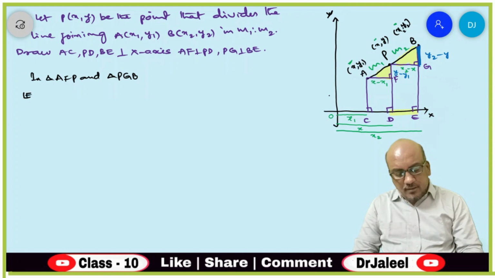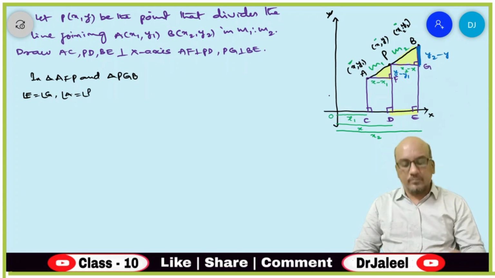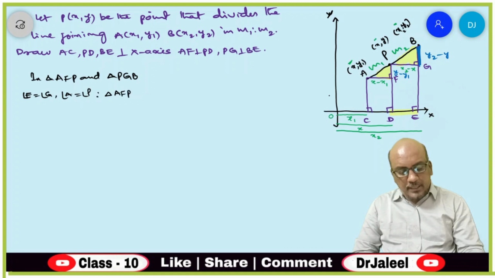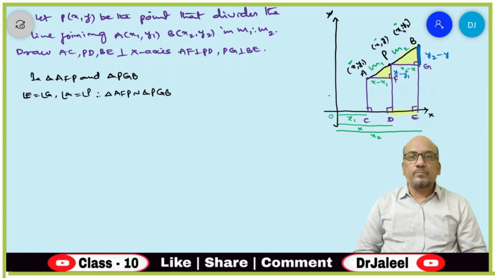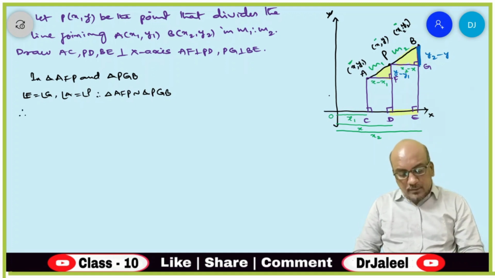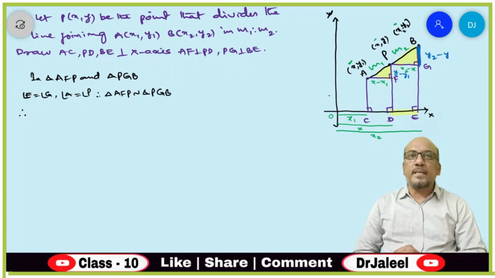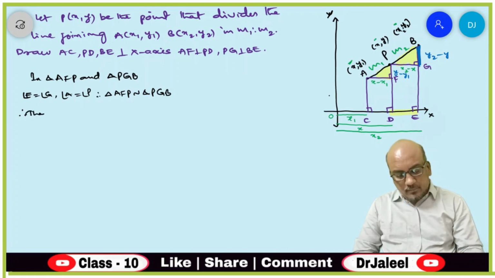Angle F is equal to angle G and angle A is equal to angle P. Therefore, triangle AFP is similar to triangle PGB. So we mentioned that both the triangles are similar. When they are similar, what will happen? Their corresponding sides are proportional.